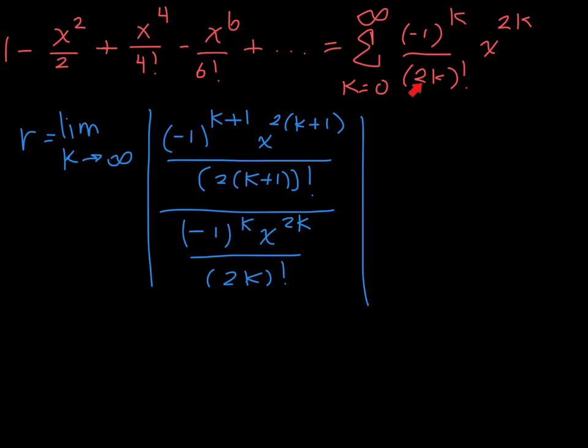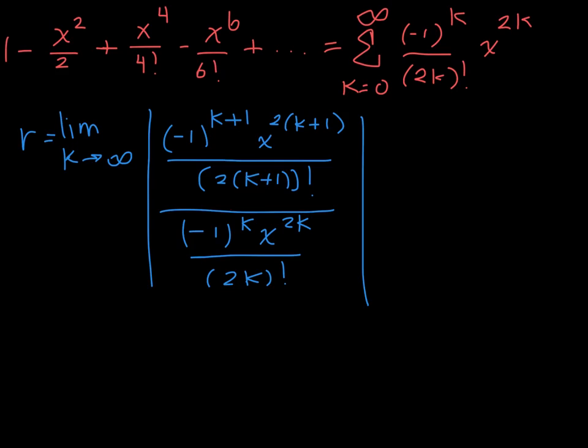Here as well, it's not 2k plus 1 factorial. That would lead you in the wrong direction. Instead, it is 2 times k plus 1 factorial, which turns out to be something different. So just be careful on how you write it.